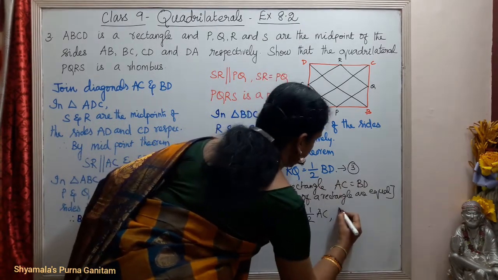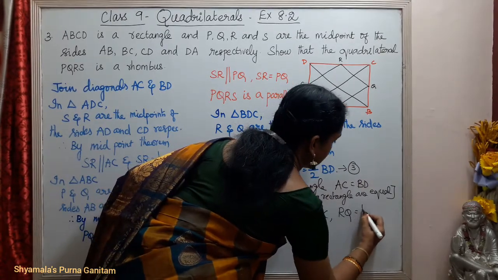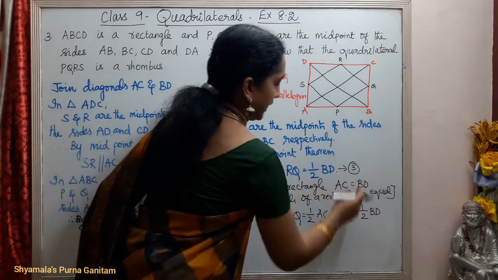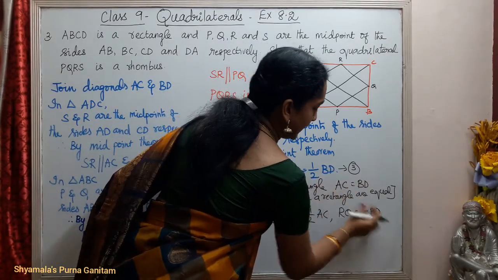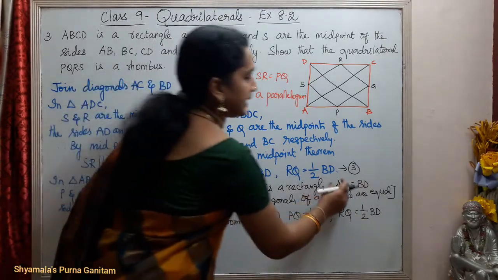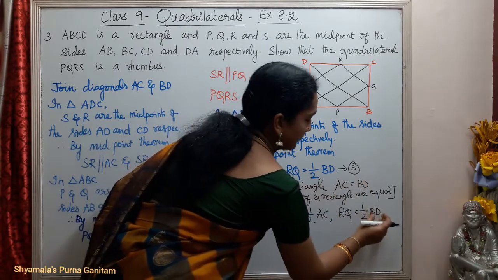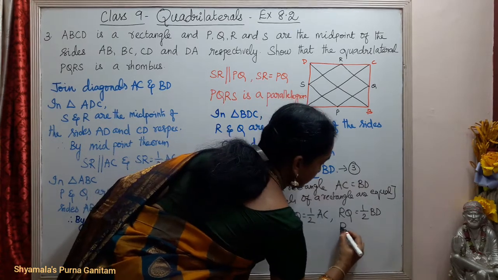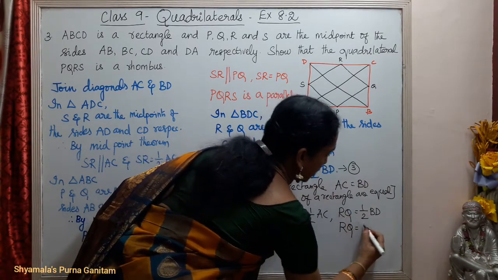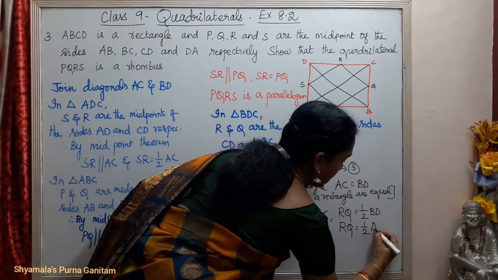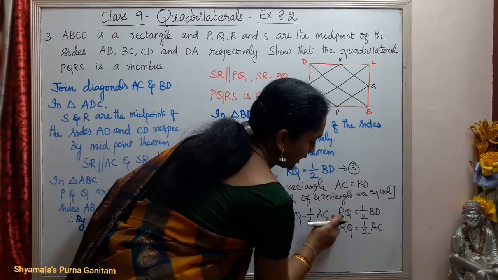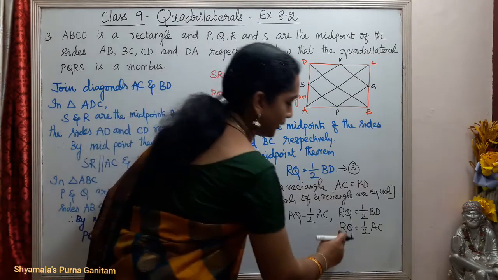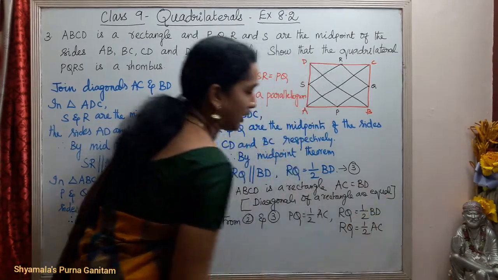And in 3, RQ is equal to half of BD. Since AC is equal to BD, I am going to replace this BD with AC. So it will become RQ is equal to half of AC.